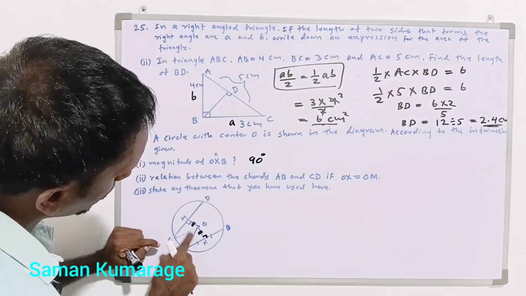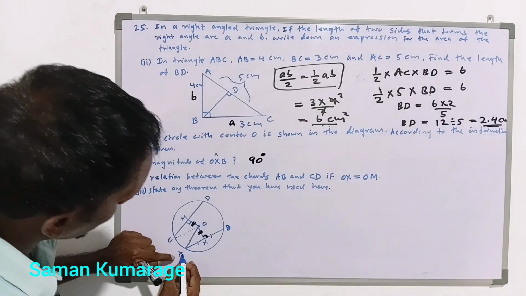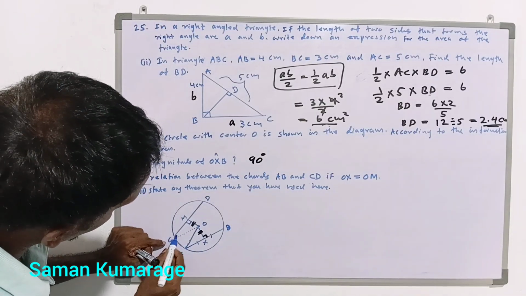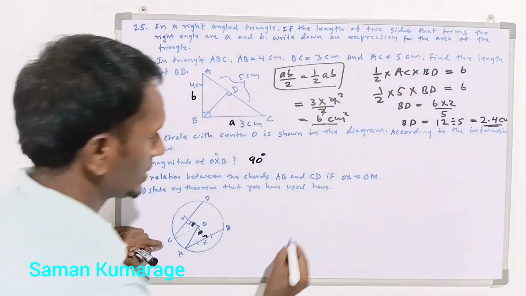So these two triangles are congruent, therefore AX and CM are also equal in length.